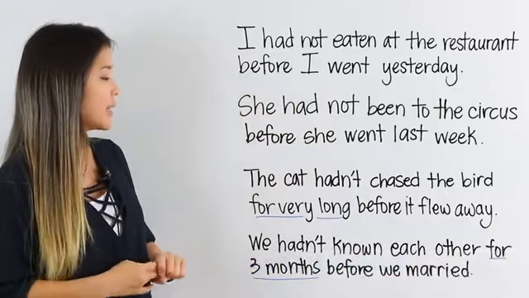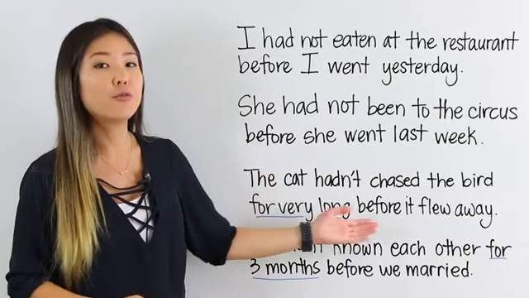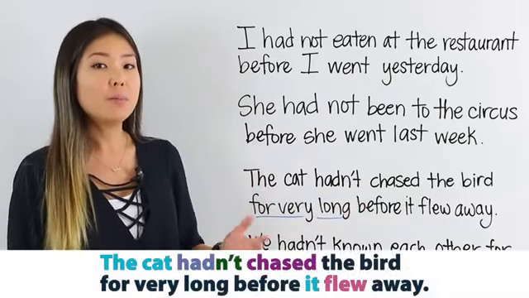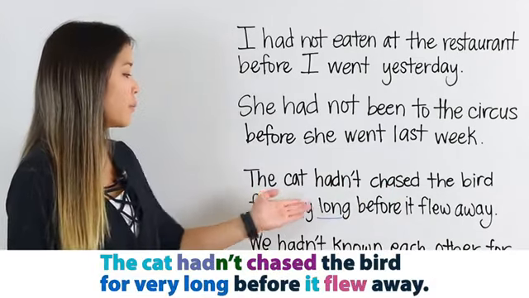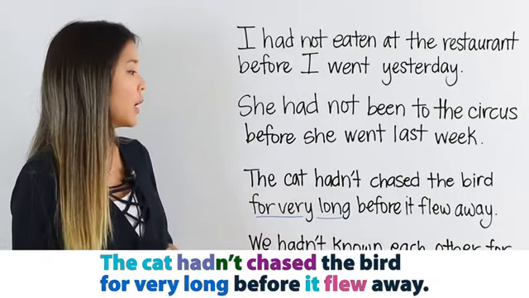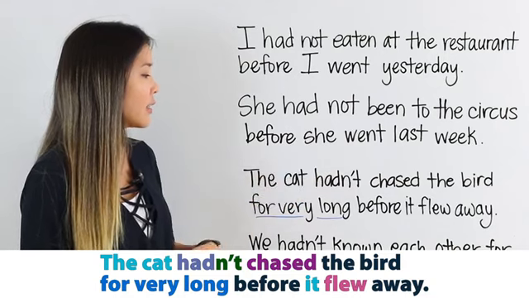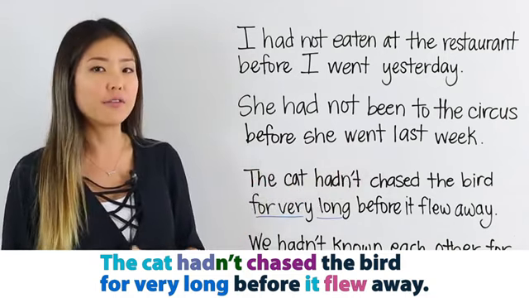The next sentence says, the cat hadn't chased the bird for very long before it flew away. Remember, we can show duration or how long the first action was true by using for and a duration. Because this is the negative form, again, I use had not after the subject and before the past participle of the verb.